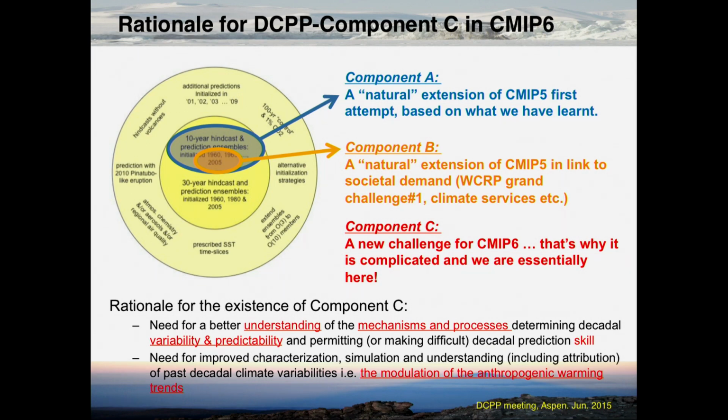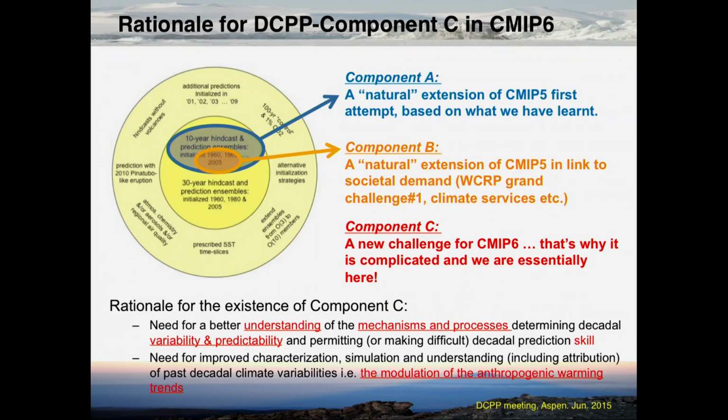It might be a little bit complicated because it's kind of new. The rationale for the existence of this component C is that we need a much better understanding of the mechanisms and processes determining decadal variability and predictability. So we have to go beyond the simple skill of prediction, and we have to understand why we have skill and why we don't have skill in some areas.